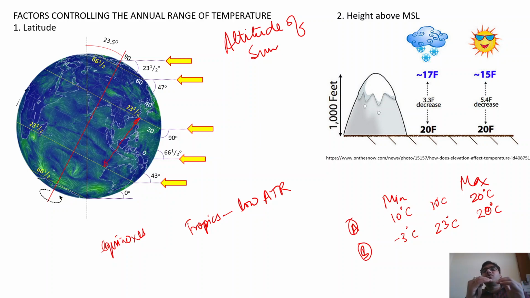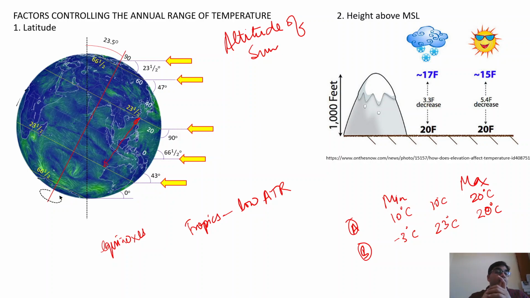So the insolation received there is not enough for the temperature to rise much. And second, the maximum amount of insolation received at the poles is used to melt the ground ice or ground snow. Therefore, the range of temperature does not go much over there.